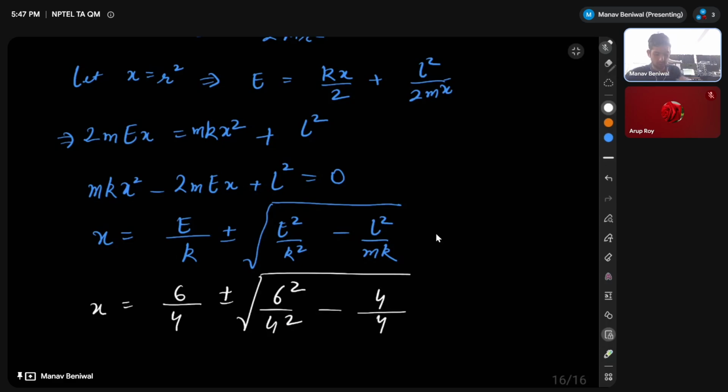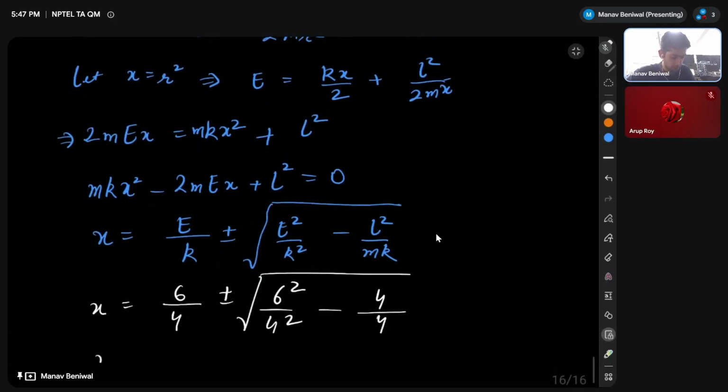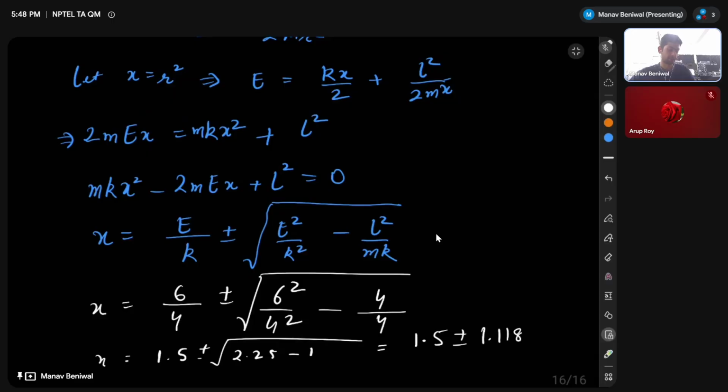So this is just 1. So then my x becomes 3 by 2, which is 1.5, plus minus under root 1.5 squared, which is 2.25, minus 1. This is roughly 1.118.